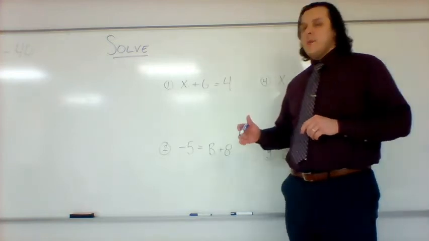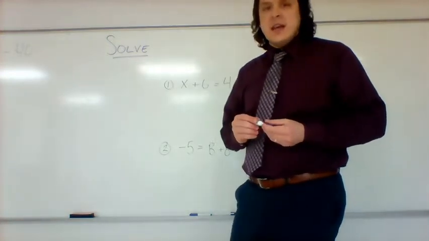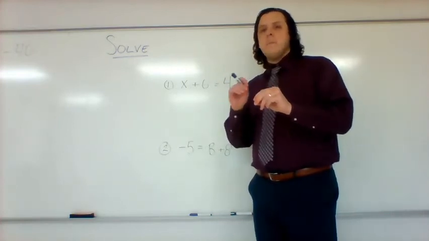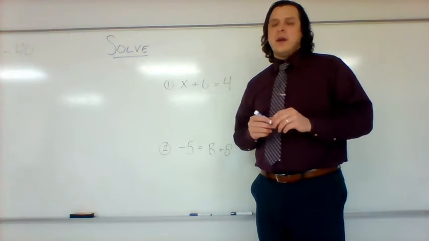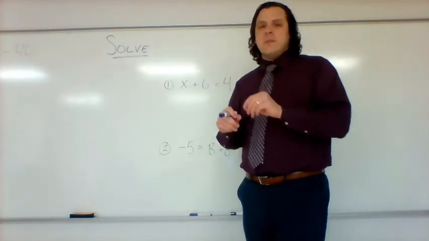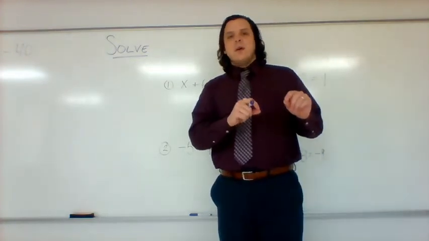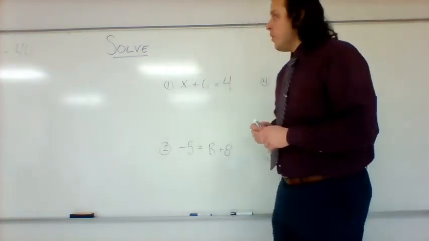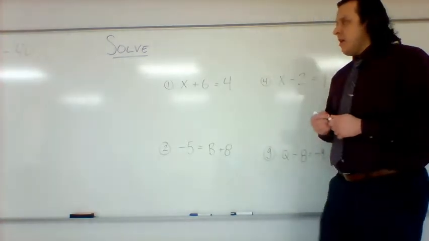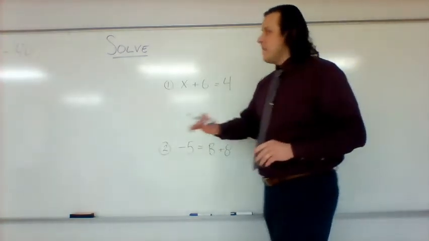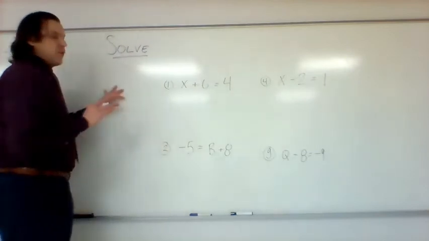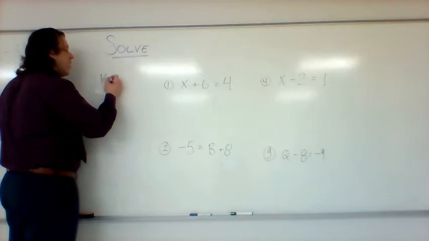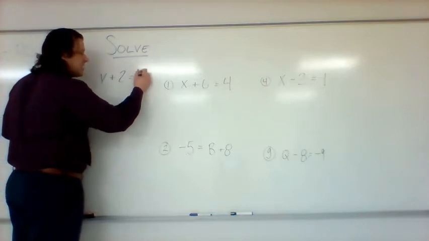And that definition, and I want you to write this down in your notes, is to get the variable by itself. I'll say it again. Solving means to get the variable by itself. When I'm talking about by itself, I'll create a random equation here: y plus 2 equals 10.